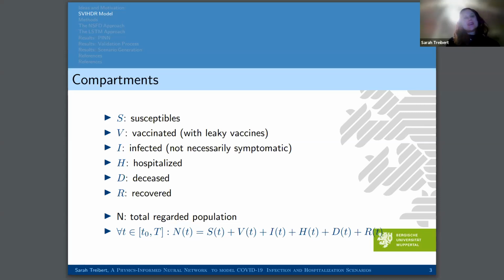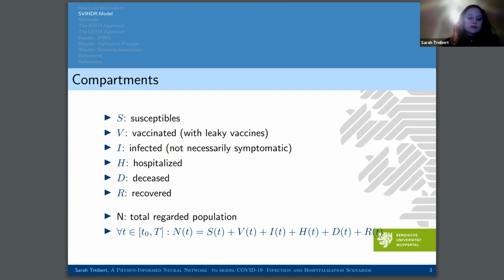So in our model, which is called the SVIHDR model, we have got 6 compartments. We have got S. These are the susceptibles who have not yet contracted the infection but are able to. We have got the vaccinated people who have a lower probability of getting infected than susceptibles and also a lower probability of infecting others.